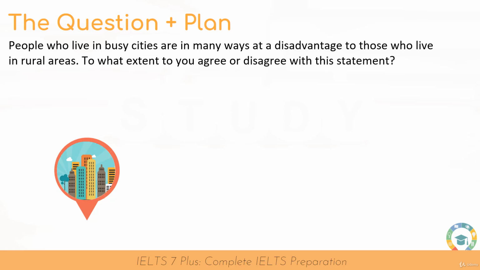If you think back to our structure master sheet that told you the paragraphs for each question type, in an agree or disagree essay, of course, you've got your introduction paragraph and your two supporting paragraphs with a conclusion. The supporting paragraphs, paragraph 1 will be to agree or disagree.